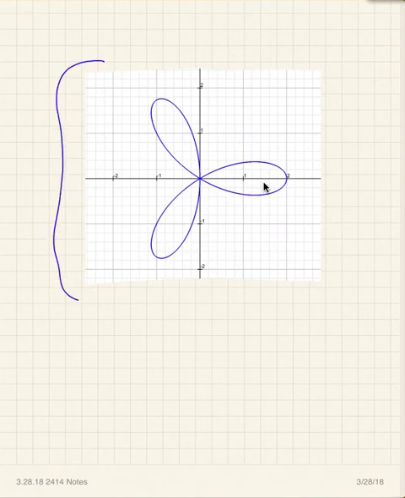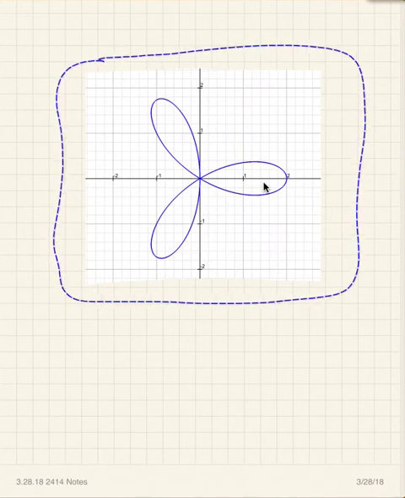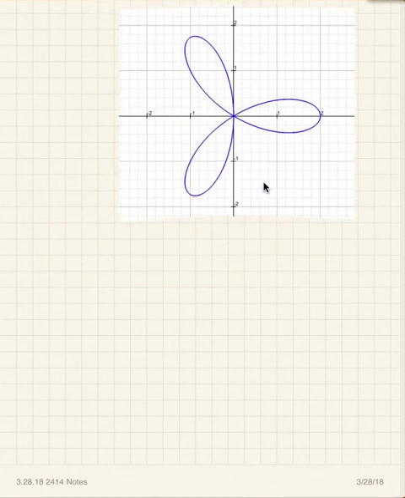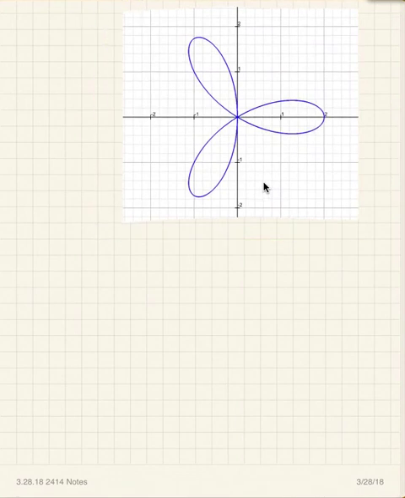And I'm going to go ahead and move this vertically, just so we have a little bit more room. There we go. So this curve is r equals 2 cosine of 3 theta. Now the 2 cosine of 3 theta is a rose curve. This is a rose.